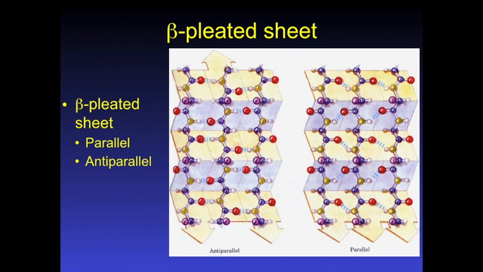Yes? Is it because the anti-parallel is built in a way that you can make the hydrogen bonds closer? The hydrogen bonds are direct overlaps, and in every bonding that we have, direct is much better. The parallel are on angles, and so it makes it a little bit less energetically favorable.